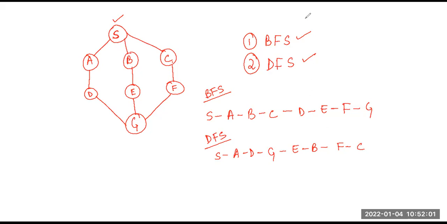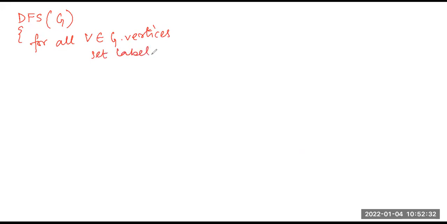Okay ma'am. Okay, so the algorithm which I have not written, we have understood, but I just need to write it down once. So first, what are we seeing? We are seeing that all the vertices are unvisited and all the edges are undiscovered, right? So for all vertices that belong to the set G.vertices, we will set the label of the vertices to be unvisited.